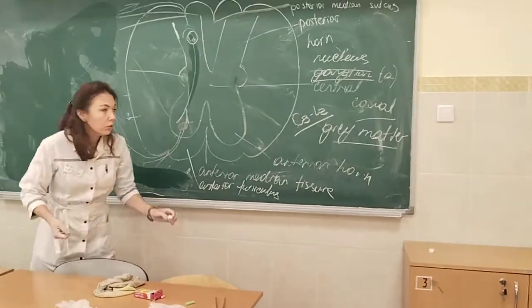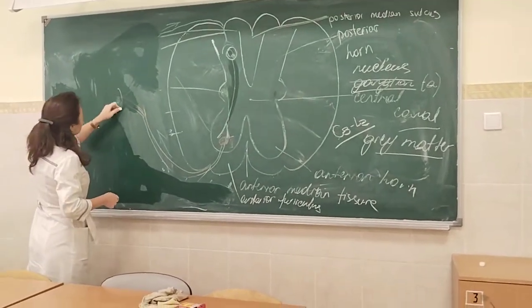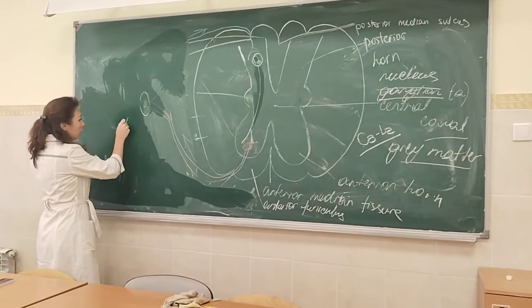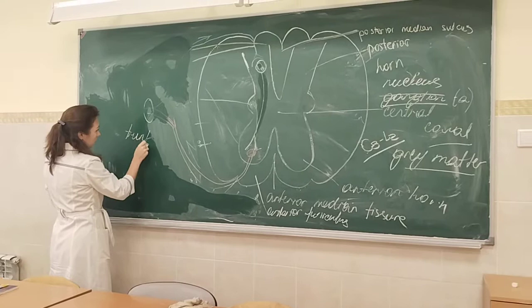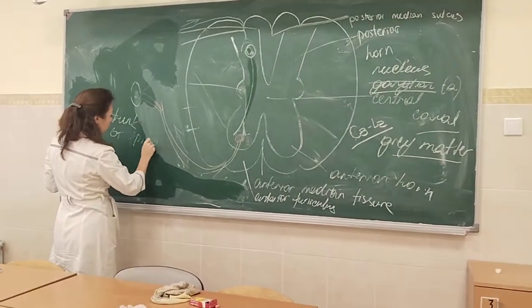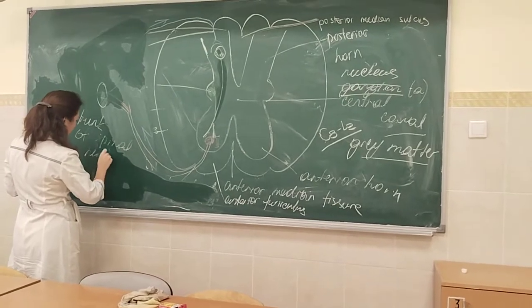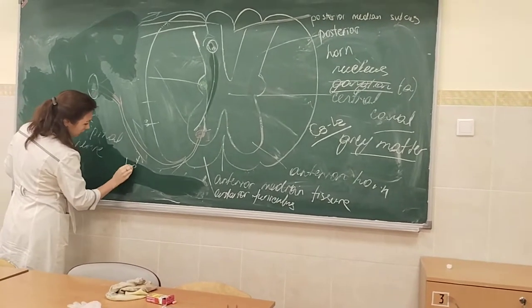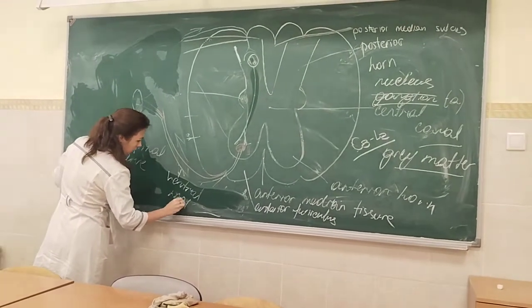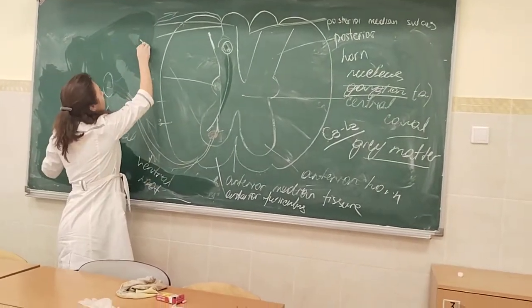And then all together, at the level of the intervertebral foramen, they join and form the trunk of the spinal nerve. This is the ventral root, and this is the dorsal root.